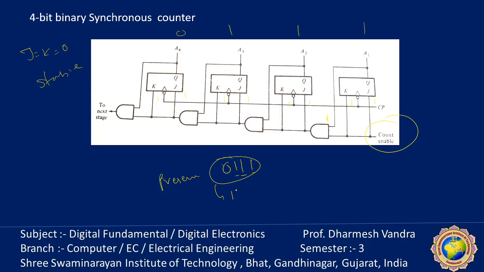So 1 is changed to 0, 0 is changed to 1, and the next count will be 1000. Remember that the complement is only possible when the previous values A1, A2 and A3 are 1, and then the present state will be complemented. So this is the simple circuit of a 4-bit synchronous counter with the help of JK flip-flops.